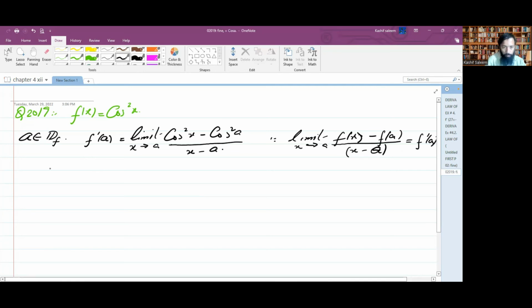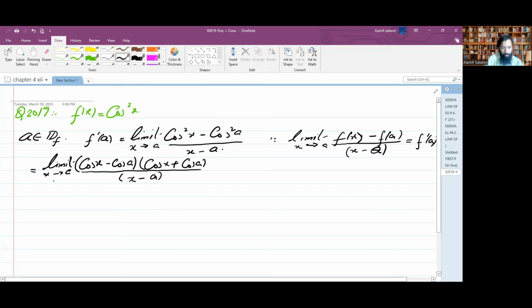Now apply a square minus b square in the numerator. So this is cos x minus cos a and cos x plus cos a, divided by x minus a. This question is relatively easier than the earlier one.